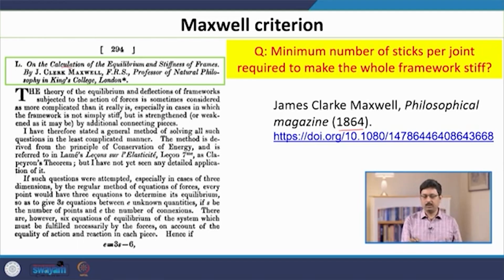He was not interested in calculating each individual unknown contact force, but in devising a general principle by which you can address this question. His first question was: what is the minimum number of sticks required per joint to make the whole framework stiff? This is a typical question from the physics point of view.